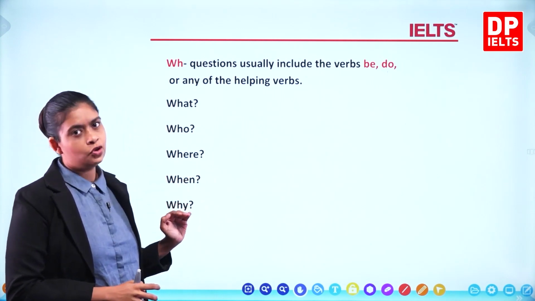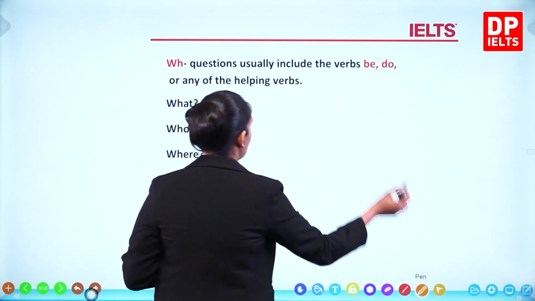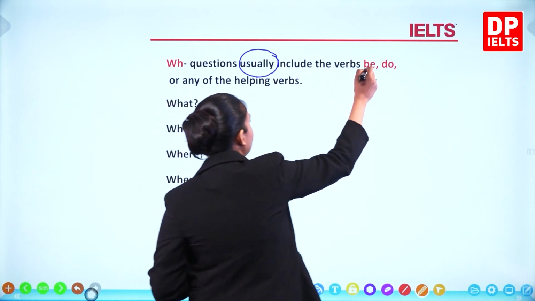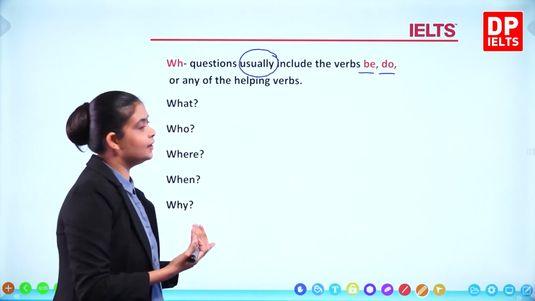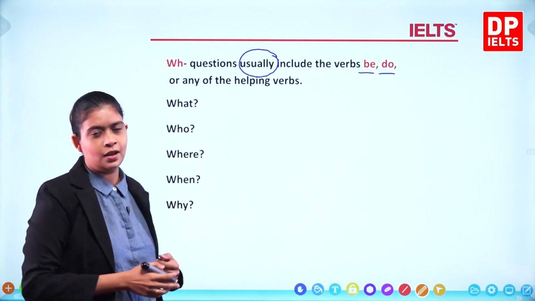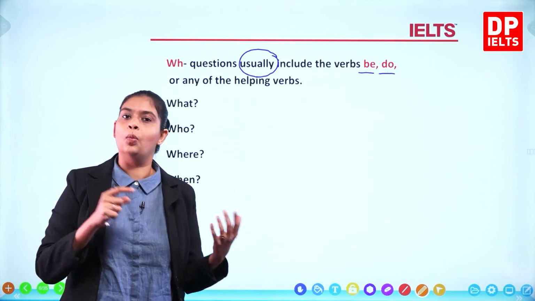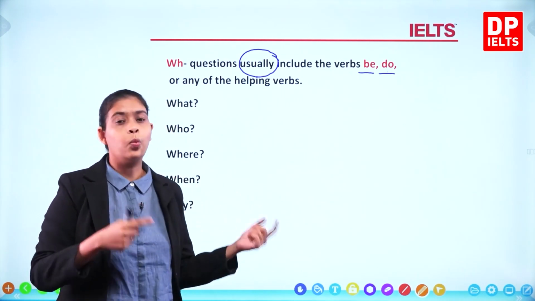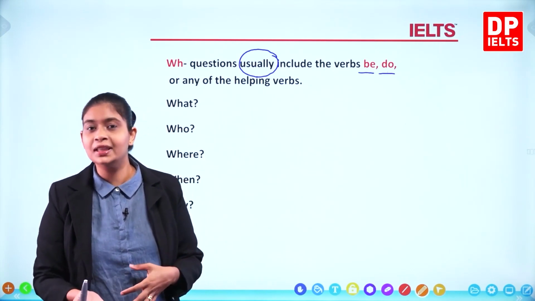Another thing that you should remember is that the WH questions usually include the be or the do or any other helping verb, right? So, example, where do you live? Where comes along with do. When is your birthday? So, when comes along with is.